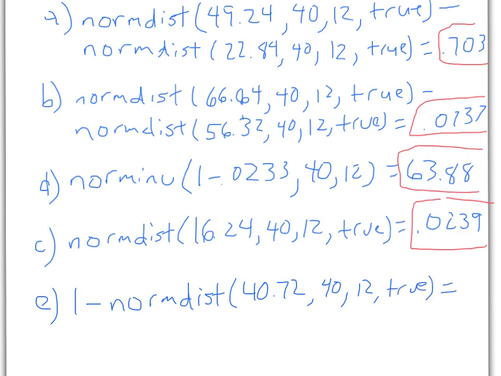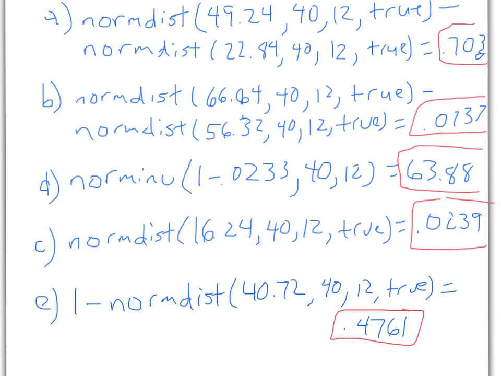And I should end up with a number of 0.4761. And that is question number 3. Okay. All right, so I'll leave that on there for a couple of seconds before I put on question 4. Okay. All right, let's keep on going.